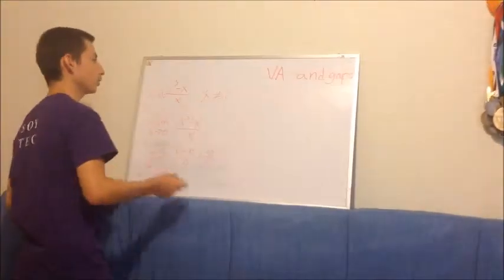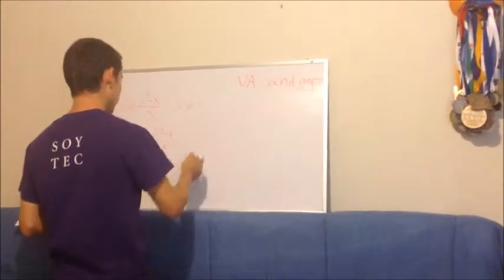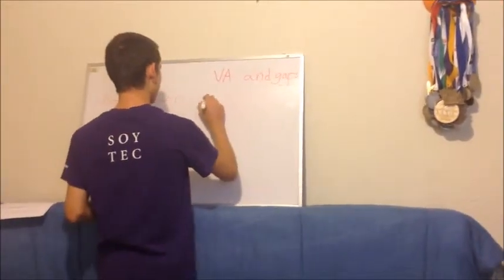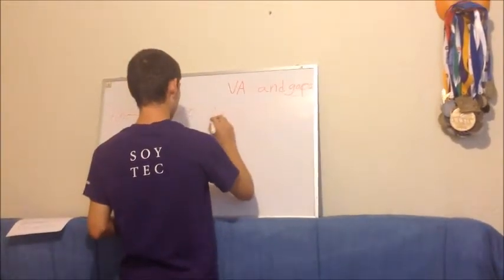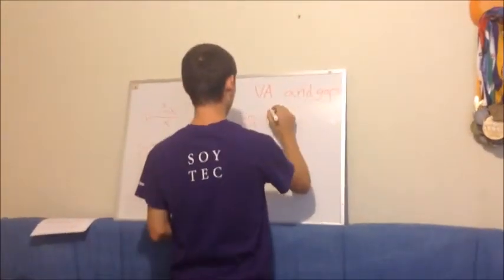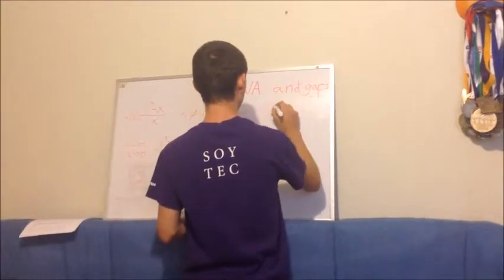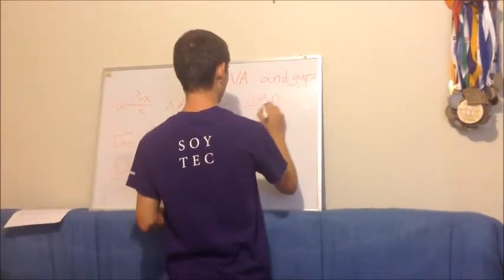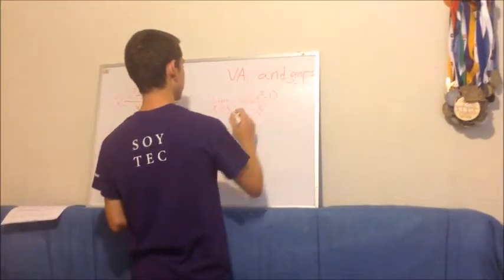This 0 over 0 is a gap, and you need to factorize the function and simplify this x.